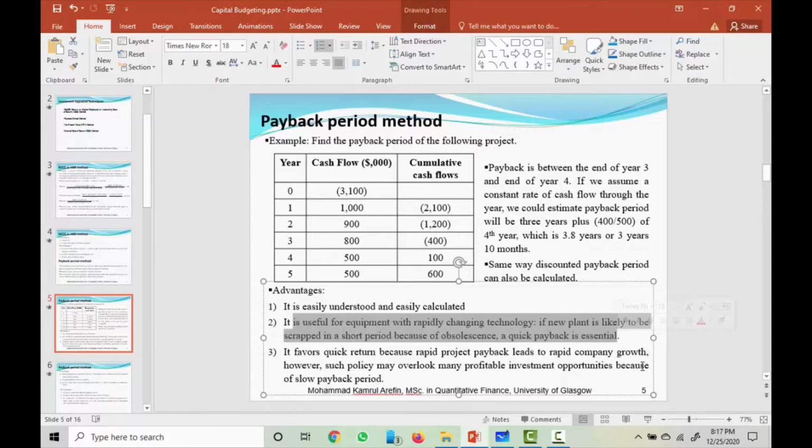So before Apple brings a new product with new features to the market, by investing a lot of money in research and development, they want to know how quickly they can get the investment back from that particular project, because they know that within 6 months or 1 year, the new or advanced features will be easily imitated or copied by their competitors.